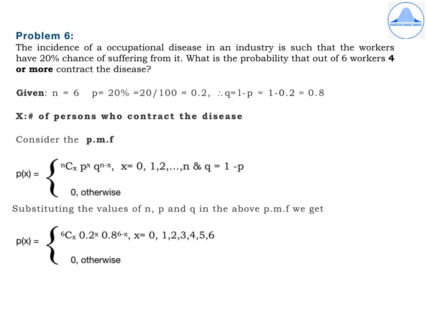By now all of you should know what the next step is. So substitute the values of n, p and q in the above PMF, which will result in P of x equal to 6Cx 0.2 to the power x 0.8 to the power 6 minus x, and x takes the values 0, 1, 2, 3, 4, 5, 6, 0 otherwise.